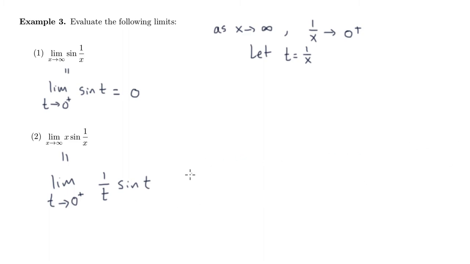But this is just sine t over t as t approaches 0. So this should just be going to 1. So our first limit is 0, and our second limit is 1, based on the known limits that sine t goes to 0 as t goes to 0, and sine t over t, which is this, goes to 1 as t goes to 0.